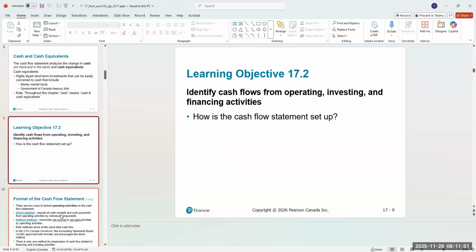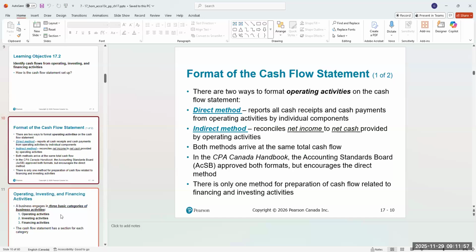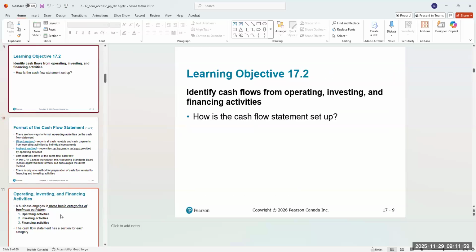Now let's start identifying the cash flows that are coming into the company. We have three processes in the company. One is coming directly from the operating activities. Operating activities means the main business of the company. Next is the investing activity.